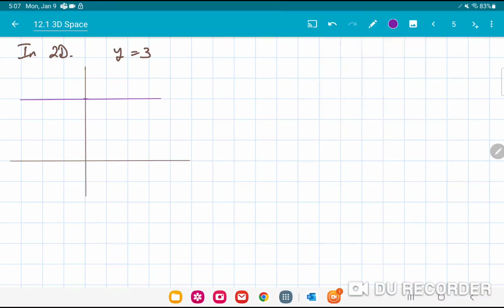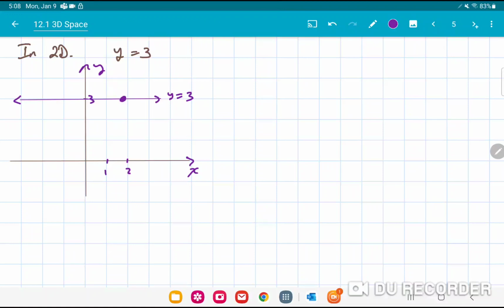Why is that? This is the x-axis. That's the y-axis. This is the point 3. This is 1, 2. Why is it a horizontal line? Well, it's because it's telling me that the points on this line, on this equation, are the points with the y component 3. I don't care about the x component. The y component has to be 3.